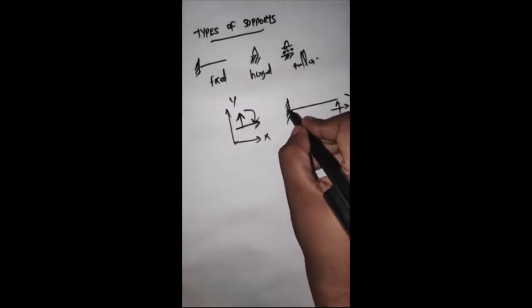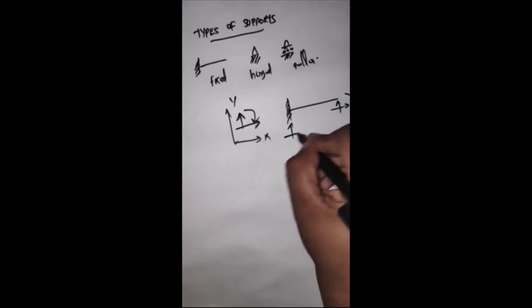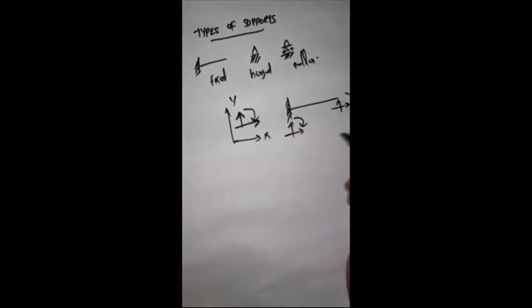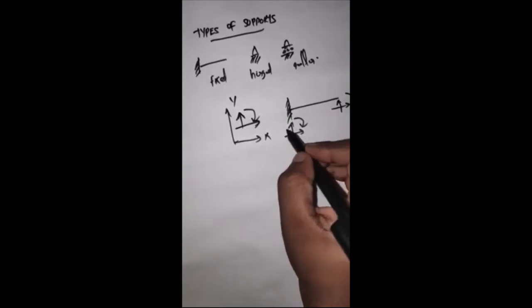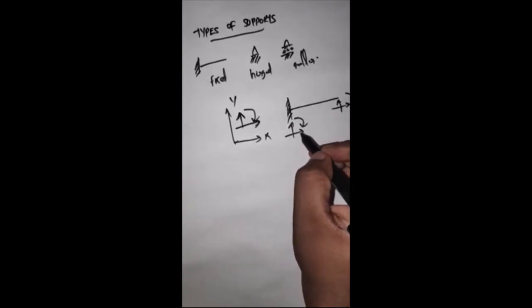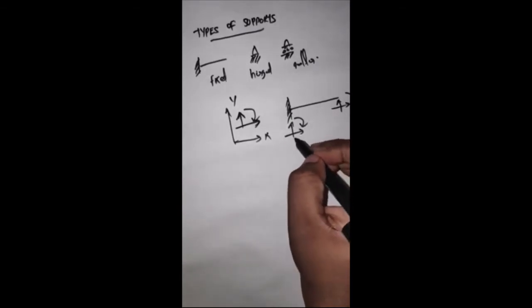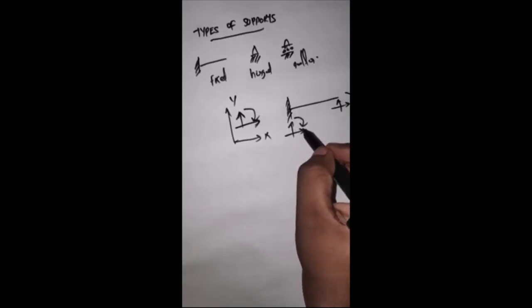But in this case, here it is a fixed support. Here the possible movements are these ones, but due to fixity, the fixed support will not allow any type of movement. That is, vertical movement will not be allowed, horizontal movement will not be allowed, and rotation will not be allowed.